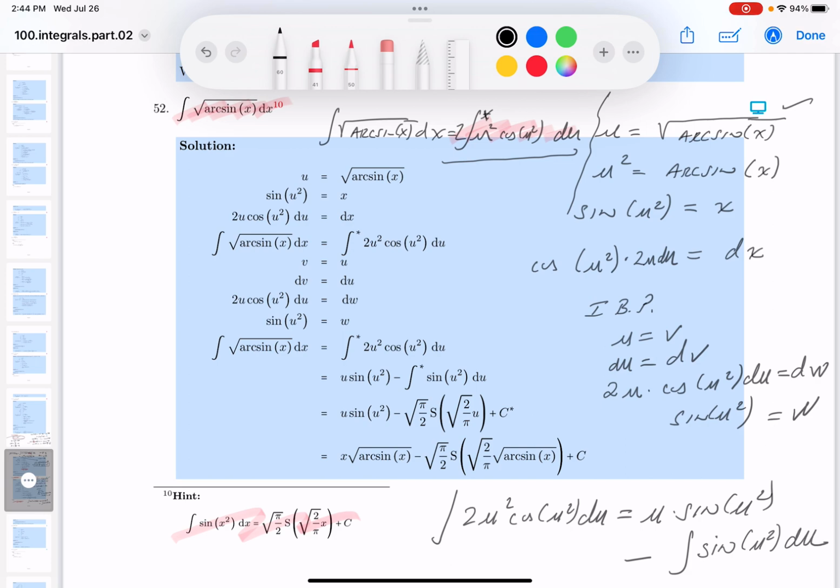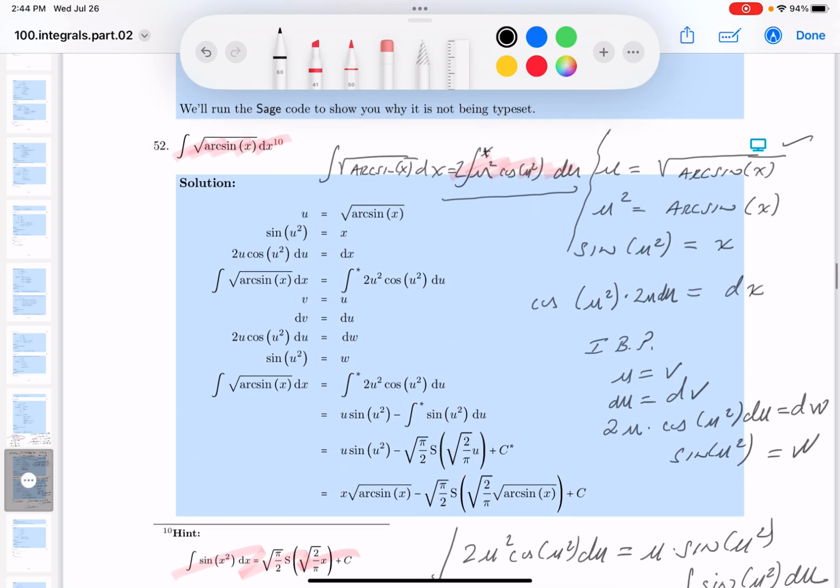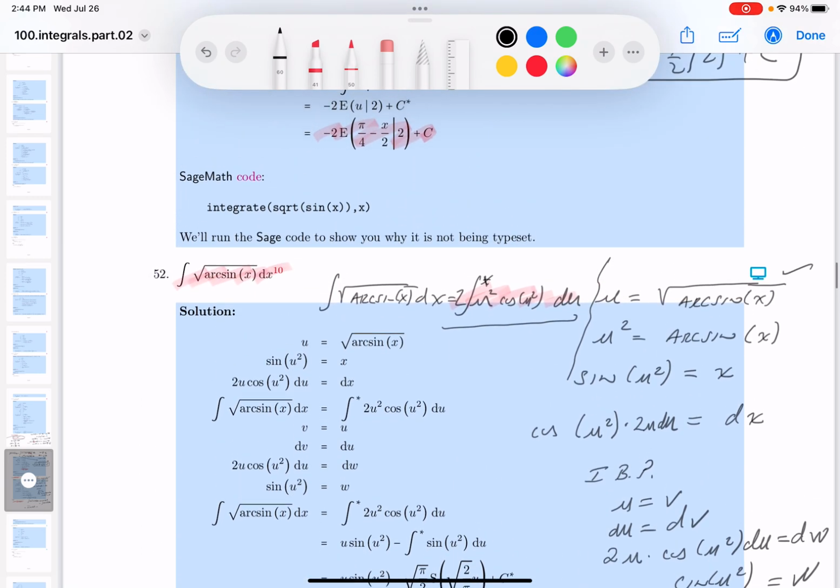Well, as advertised, I said I'd see it. I eventually saw it. I'm right there. So let's write down what the results are going to be. The result here is going to be u sine u squared minus, let's just go back up here, and you were given a hint on this one.